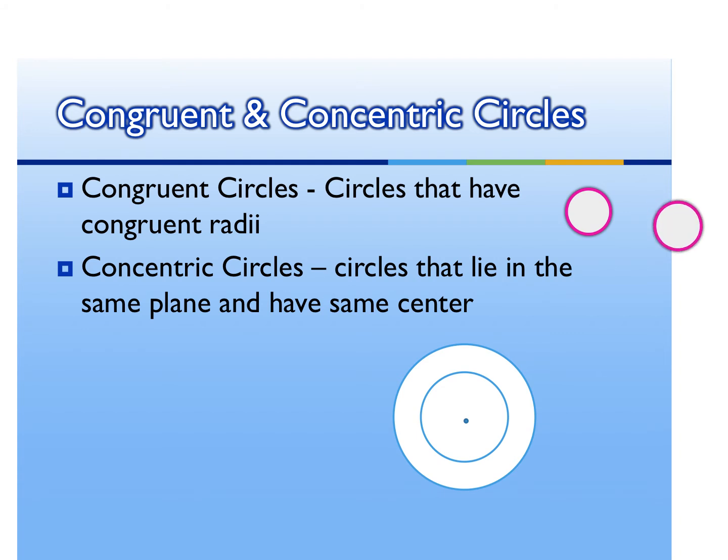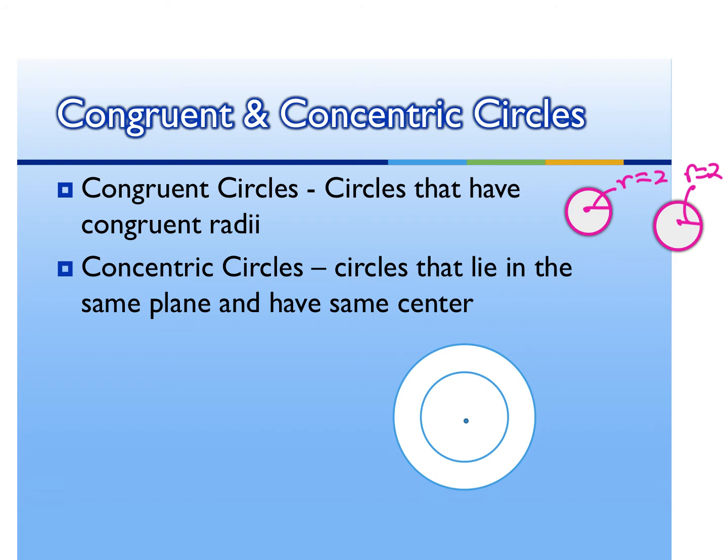So let's say I told you that this circle had a radius length of 2. And then if this one had a radius length of 2, then they can be considered congruent circles. So when they have the same radius length, they're congruent.